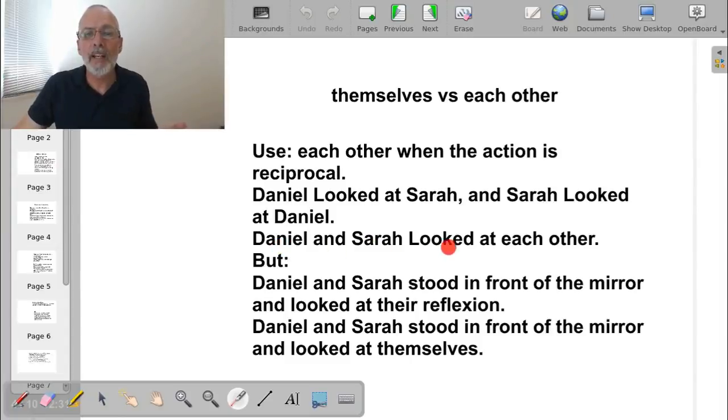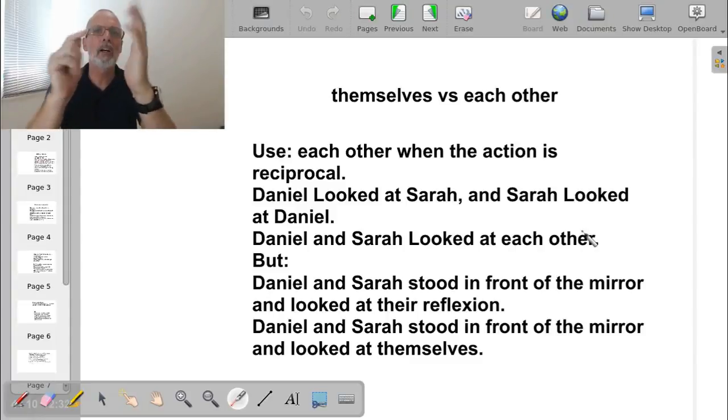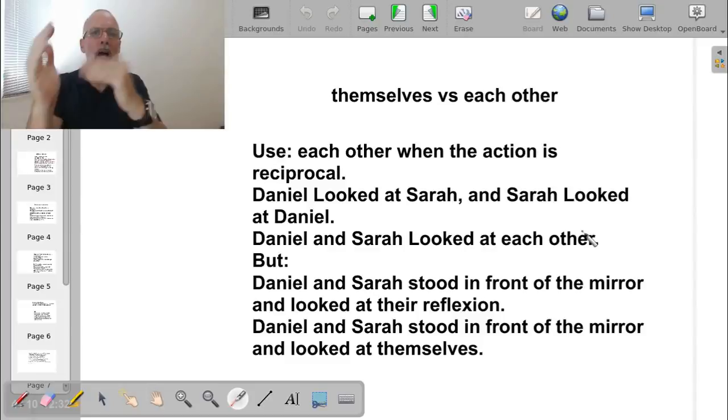So we can say Daniel and Sarah looked at each other. This is reciprocal. Here's Daniel, here's Sarah, he's looking at her, she's looking at him. It's not the same as them doing something to themselves.